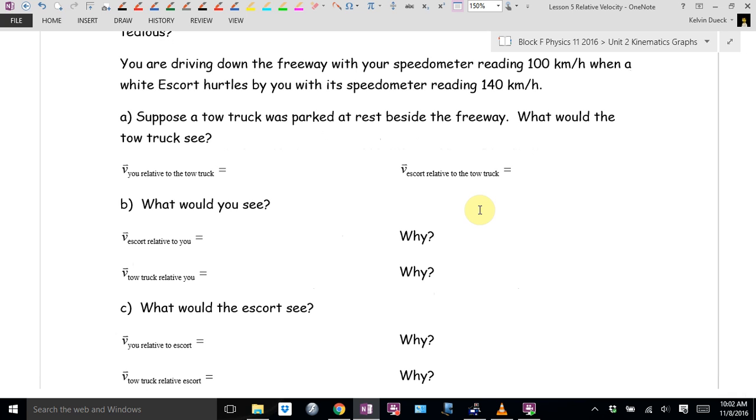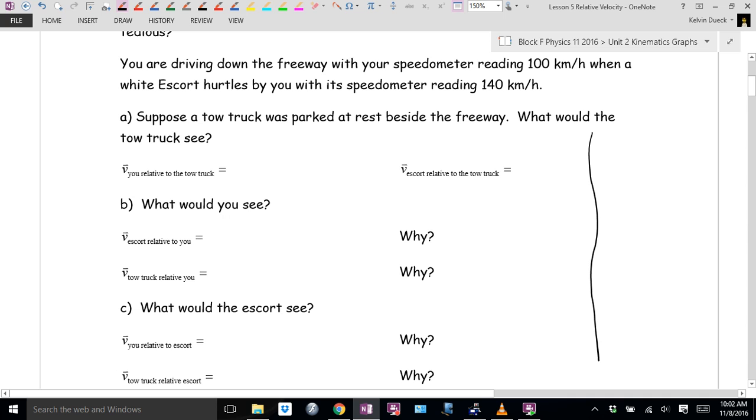What we're really asking is, we're talking about relative velocity. How does one object see another object traveling relative to it? So I wrote down here the velocity of you relative to the tow truck. And then I said the velocity of the Escort. That's too much writing. Let's get clever. Draw a little line over here.